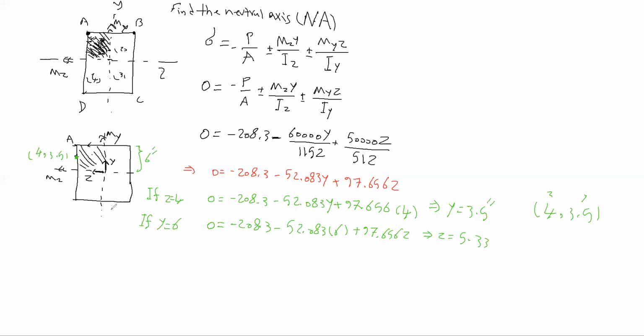And this is 4 inch and Z is out of boundary, because this is 6 inch and this is 5.33. Out of boundary, right? This is 5.33 and this is 6, out of boundary. Okay, let's set something.